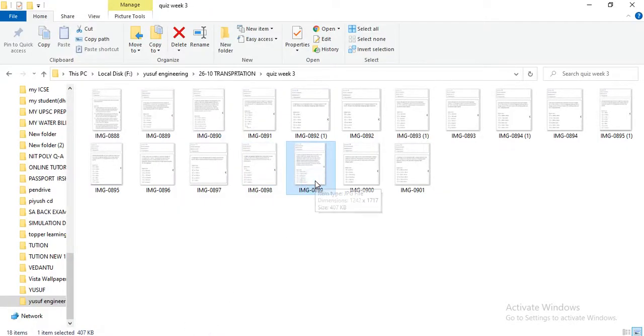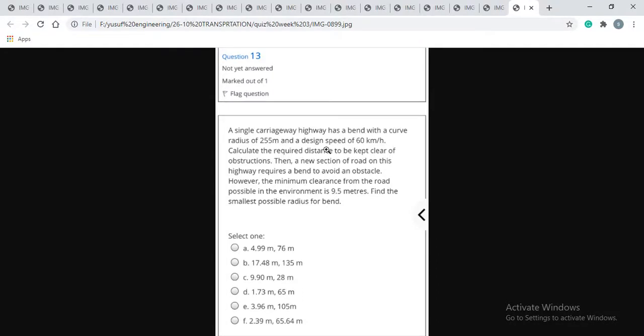The next one is: a single carriageway highway has a bend of curve radius, with this design speed. Calculate the required distance to be kept clear of obstruction.